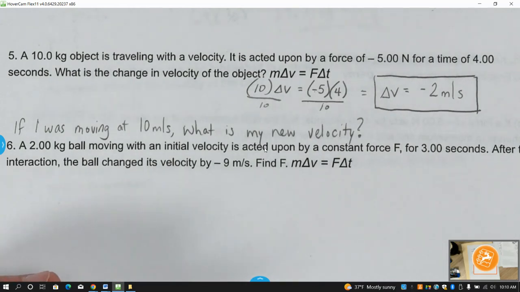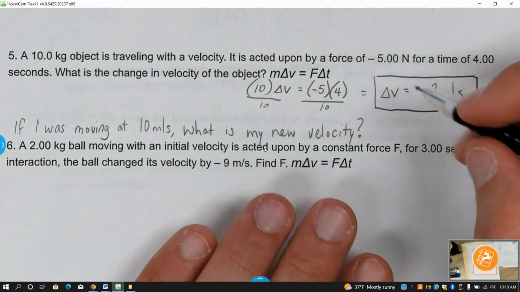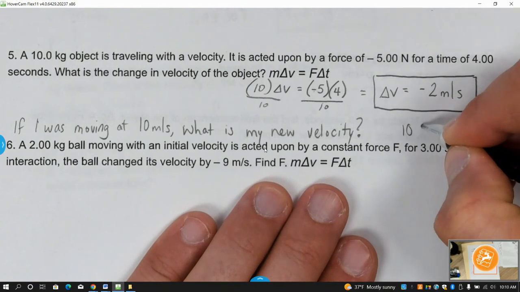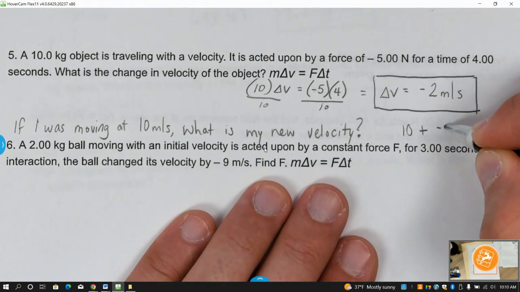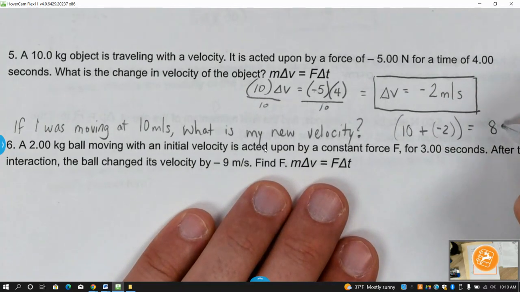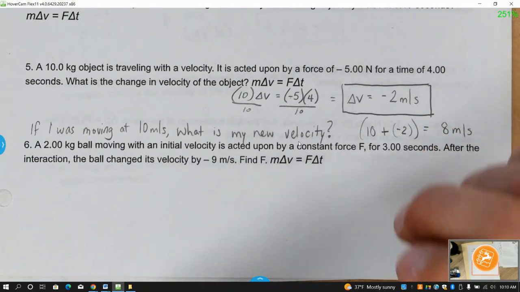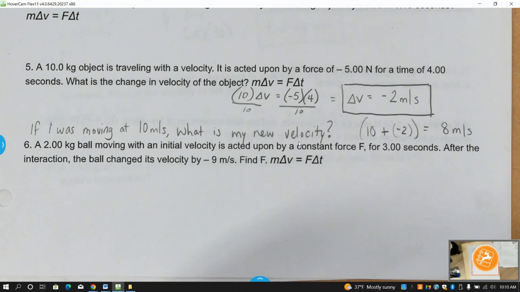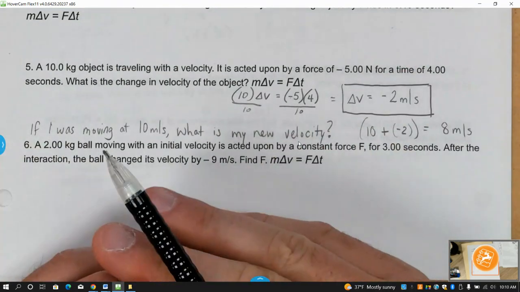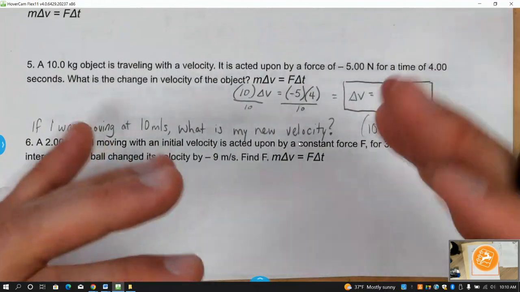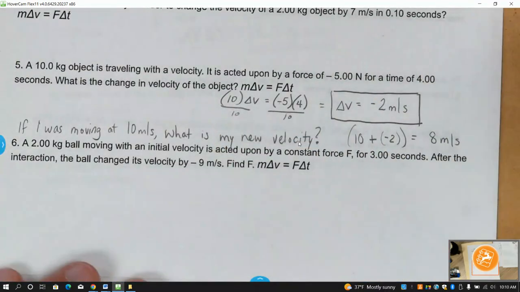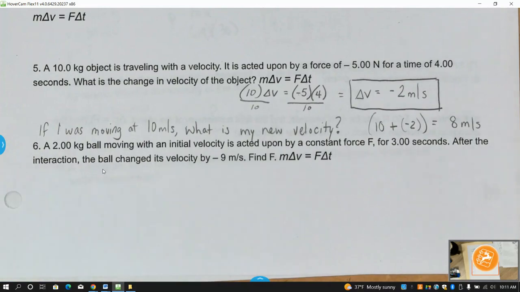What would my new velocity be? 8. Very good. 10 plus my change, which is a negative 2. Now, again, that's how you would do a problem if they asked you something like that. They're like, this thing was moving at this speed, but we need to figure out what the change in speed was. Well, if we slowed down by 2 and we were moving at, let's say, 10, you'd be now moving at 8.